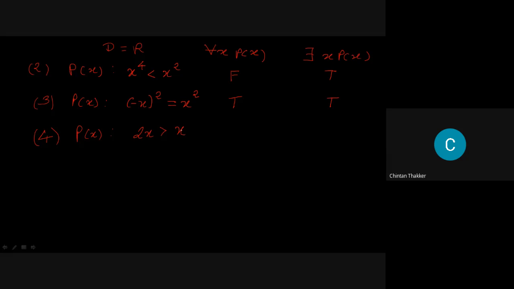That is, you have to find the value of x for which P(x) is false.